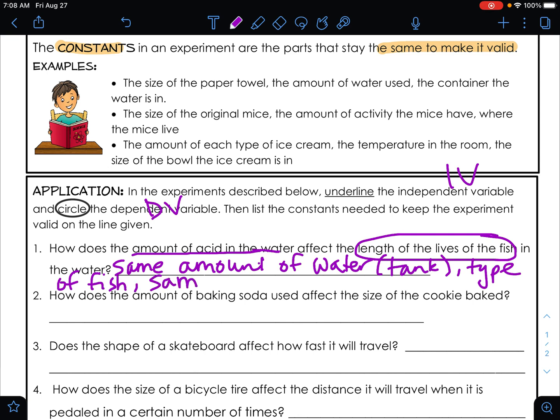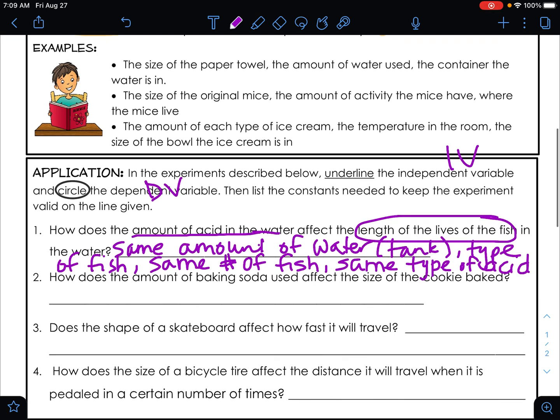We have to have the same number of fish. And we would have to have the same type of acid, because what we are purposely changing would be the amount of that acid. So you have to have the same type of acid that you are adding to these fish tanks.